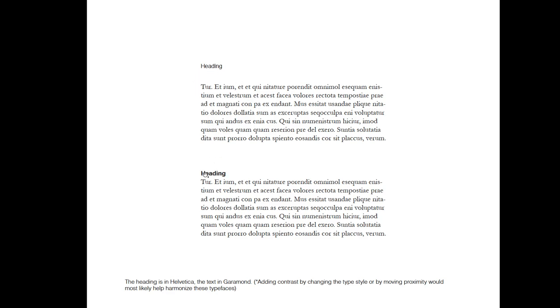Or if you add a little more contrast to your heading by increasing its weight from, say, a regular to a bold, then that contrast, that differentiation, will make it harmonize better with the body text, even if it's not as good a choice as a different combination you could have made. So adding a little distance or adding a little weight would help.